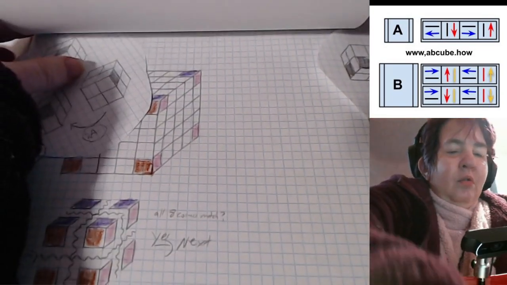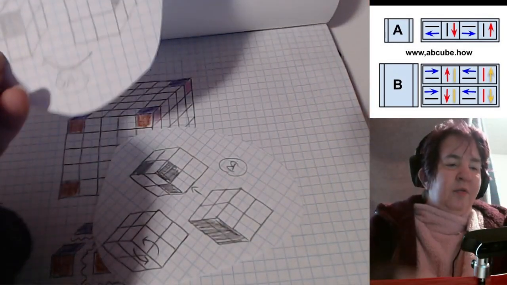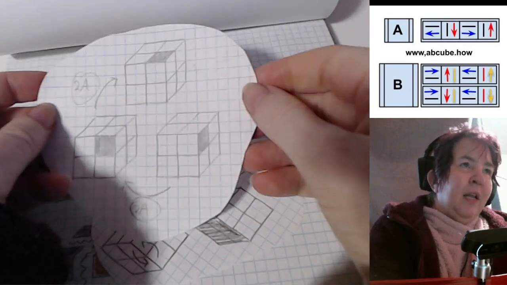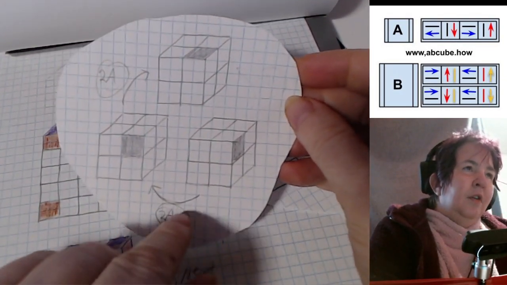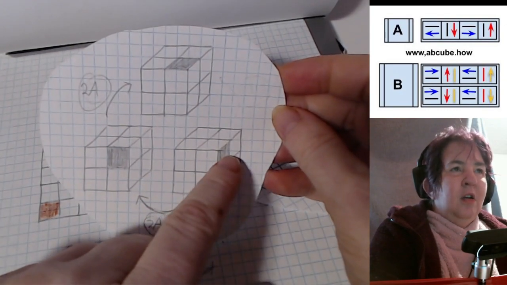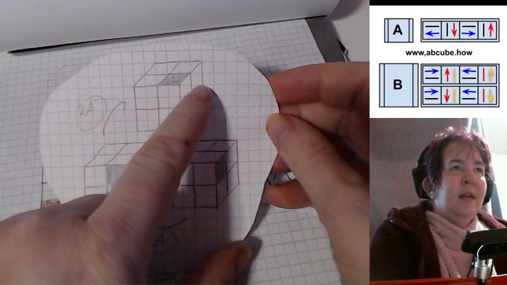Okay, here's formula A, what formula A does. Here's what 2A does. If your cube starts here and you do 2A, your cube ends up here. If you do another 2A, it ends up at the top.